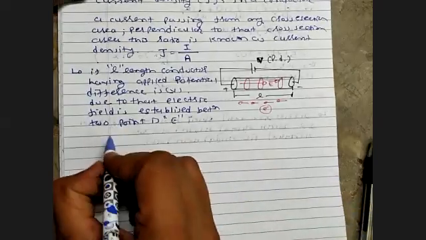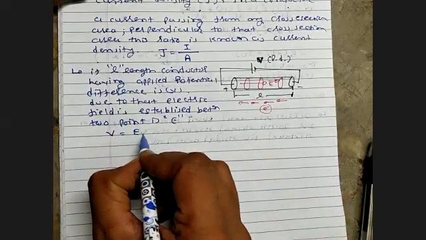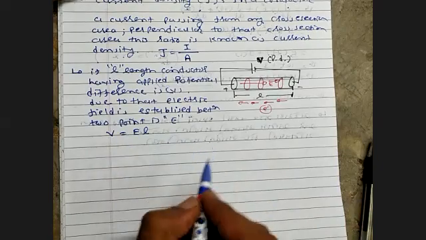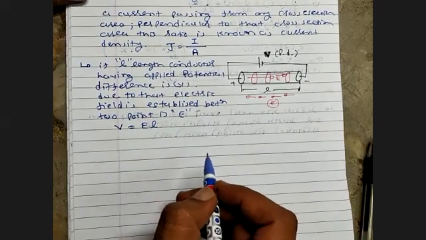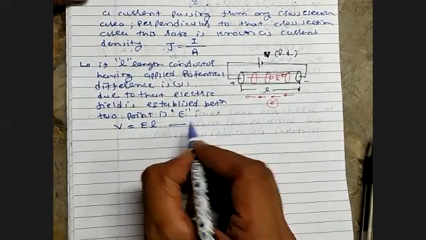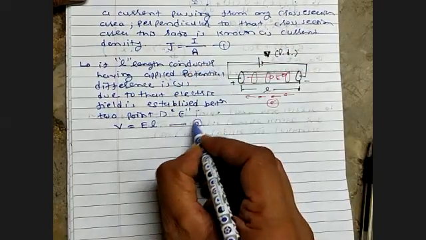So the relation between these two is V is equal to E into L. V is equal to E into L. This is equation number 1. This is equation number 2.